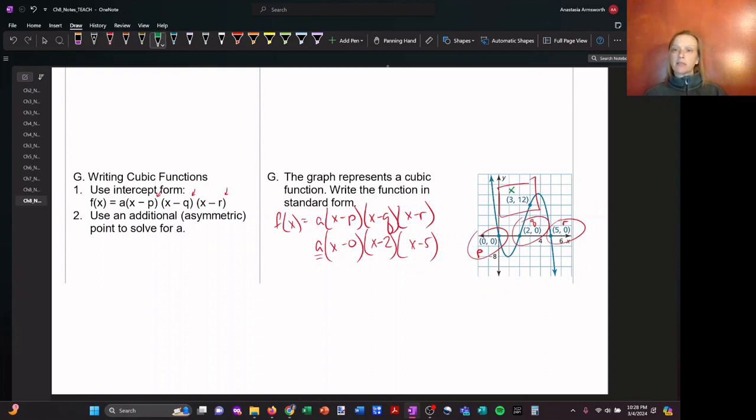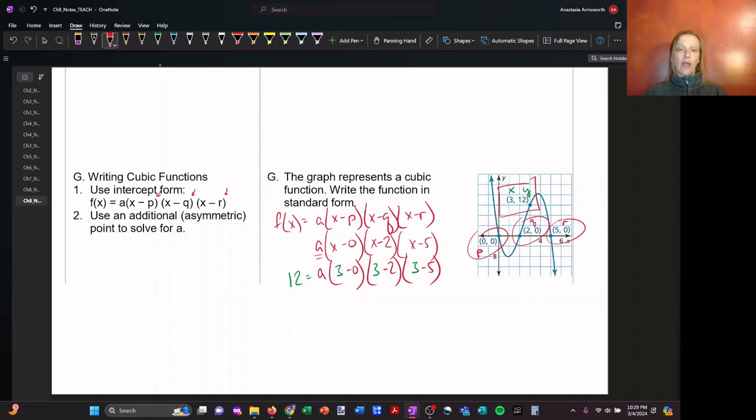So this is going to be my x value, this is going to be my y value, and I'll plug those values in. 12 equals a times, x is 3, so I plug in the number 3 everywhere I see x. And the rest of this function is just the same. I have to subtract 0 here, subtract 2 here, and subtract 5 here.